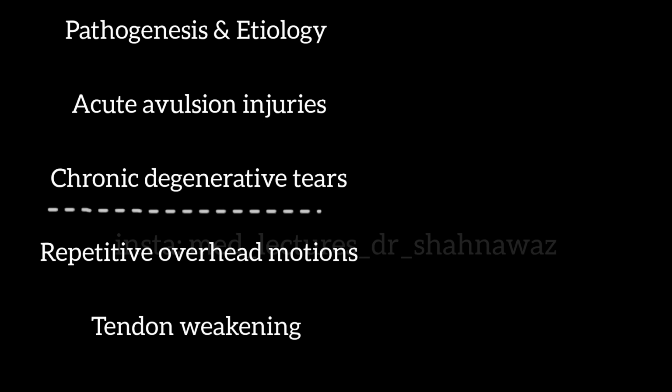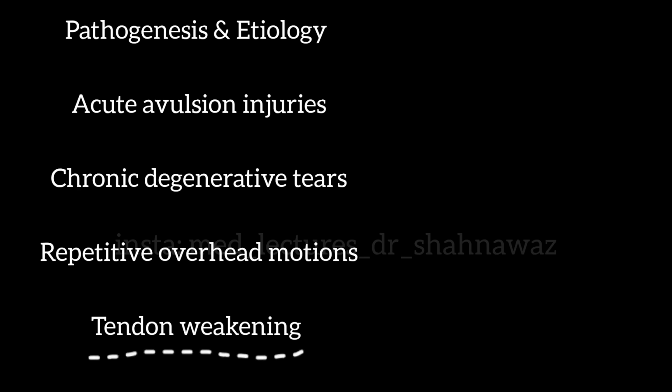Chronic degenerative tears, which are typically in older ages or due to some rheumatologic diseases, may cause injuries. And as I already said, repetitive overhead motions are also a predisposing factor.